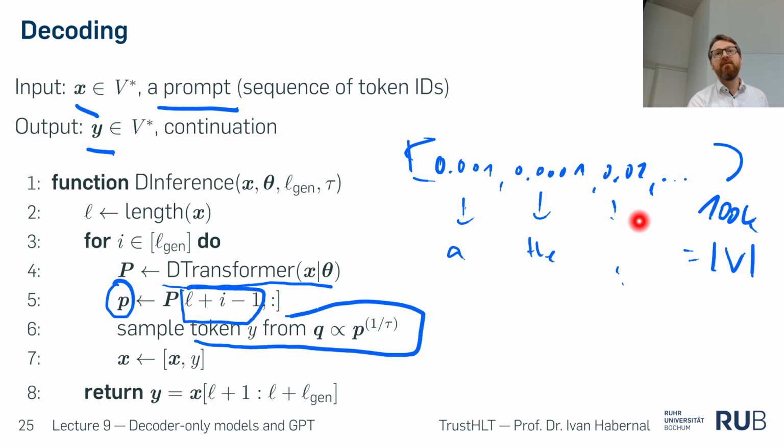We can take the maximum probability token. I think it's called, if I'm not mistaken, greedy decoding. Greedy meaning you're always taking the maximum, like if you're greedy, you want to take as much as you can. The problem with greedy decoding is it kind of sucks.